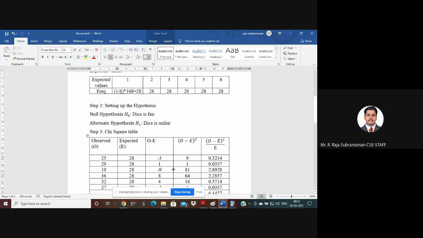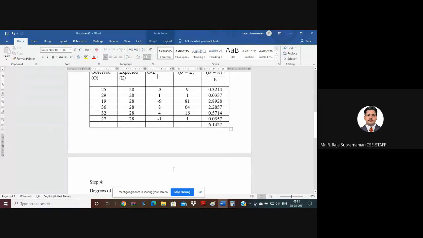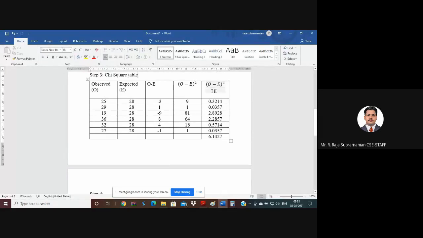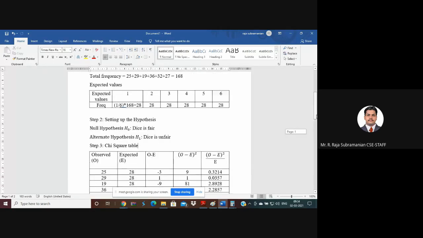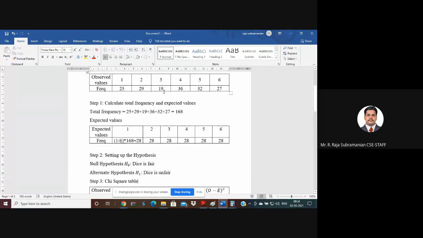Next comes the chi-square table. The formula for chi-square is the sum of observed minus expected, the whole squared, divided by expected. So I list all the observed values and all the expected values.